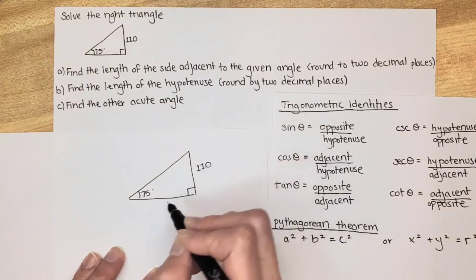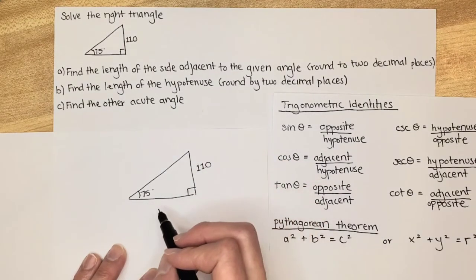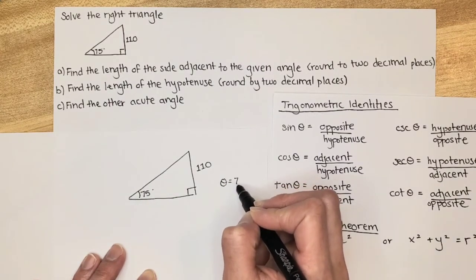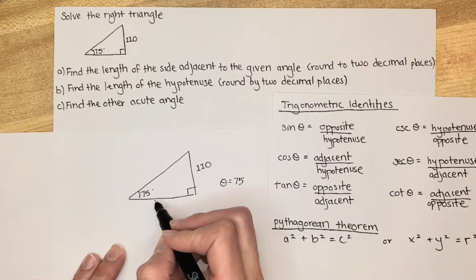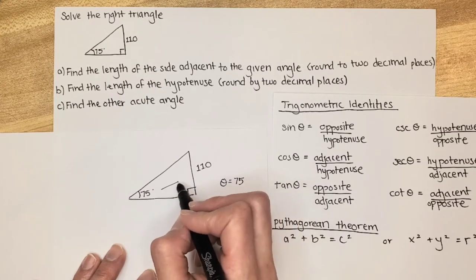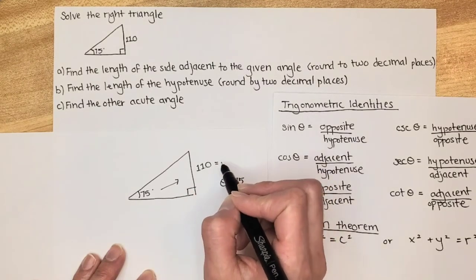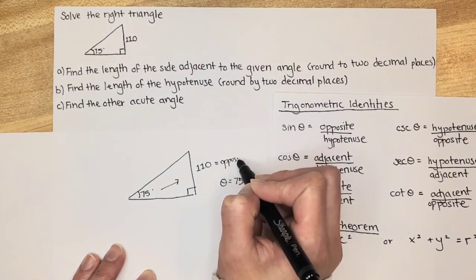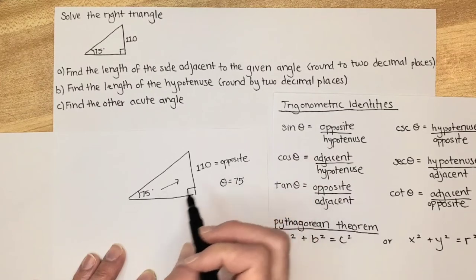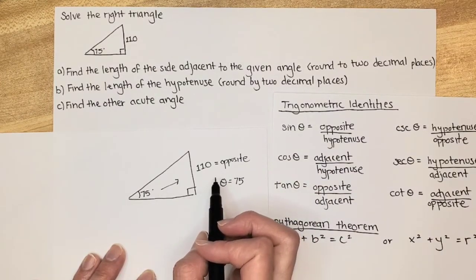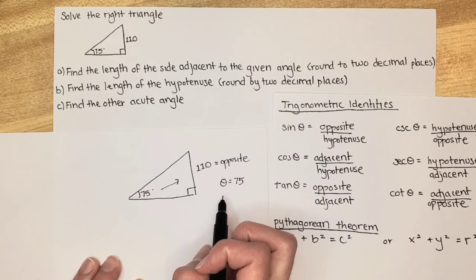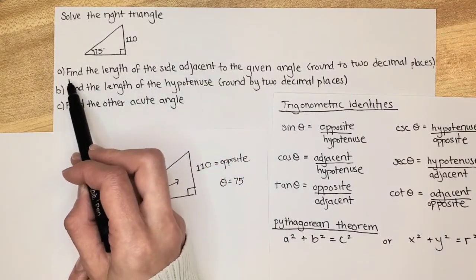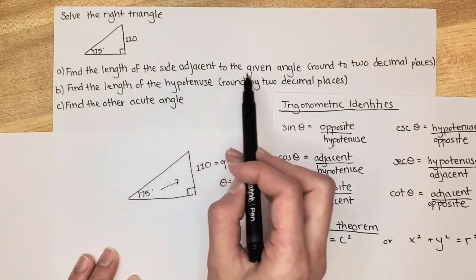The given values are a theta value of 75, and an opposite side value, opposite the angle of 75, of 110. So we now understand what opposite and theta are going to be. Now we have to figure out what they're asking for, which is the length of the side adjacent.